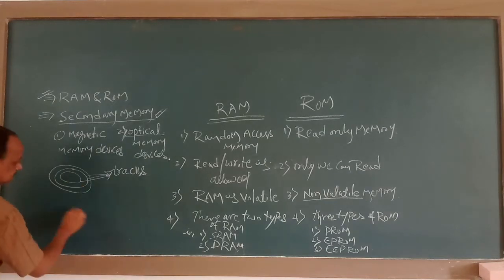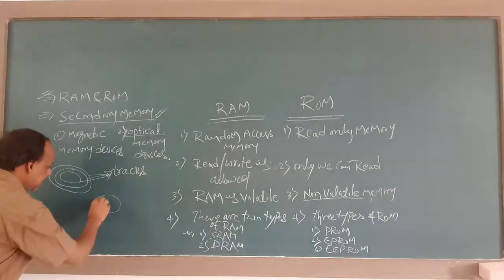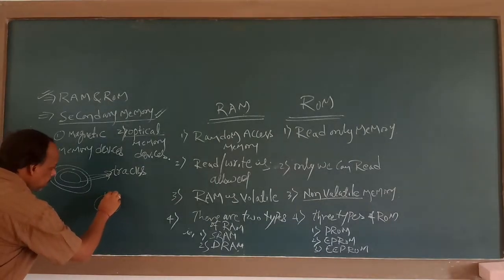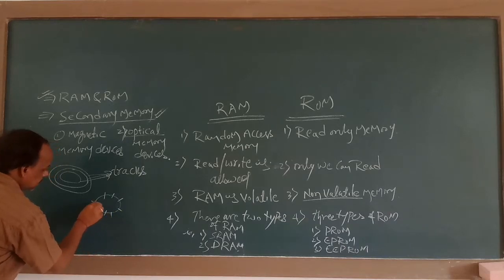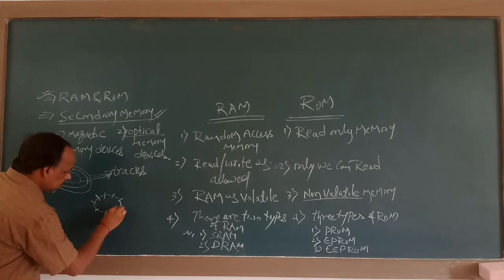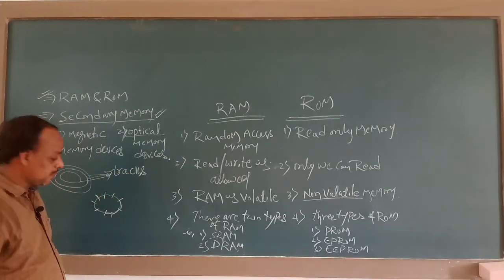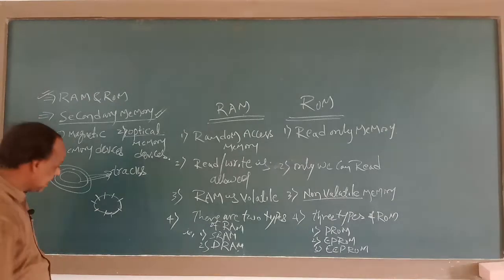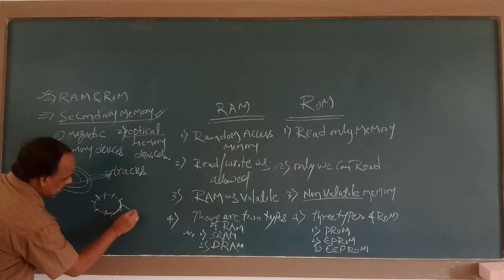Each circle is divided into a number of parts like this: this is one part, this is another part.